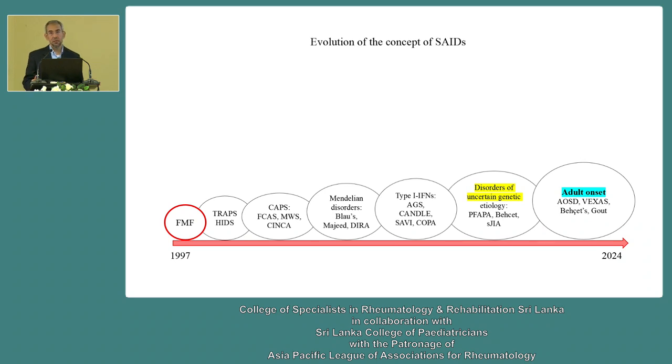There is a concern, is it autoimmune or autoinflammatory, although many people think it is autoinflammatory in nature because of the role of interleukin-1. And more than that, diseases like gout were reclassified as autoinflammatory disease. Nowadays we also consider adult diseases like adult-onset Still's disease as autoinflammatory disease.